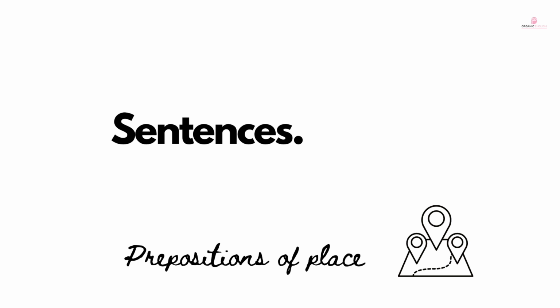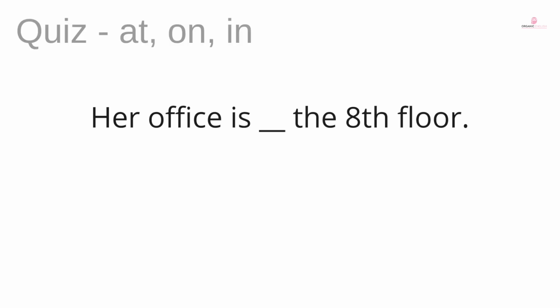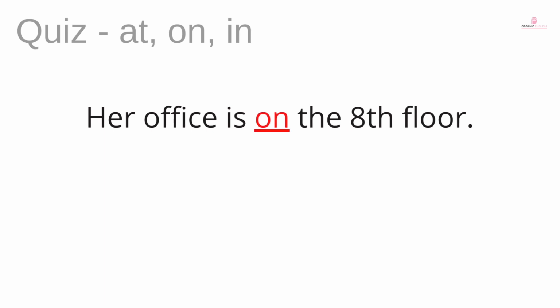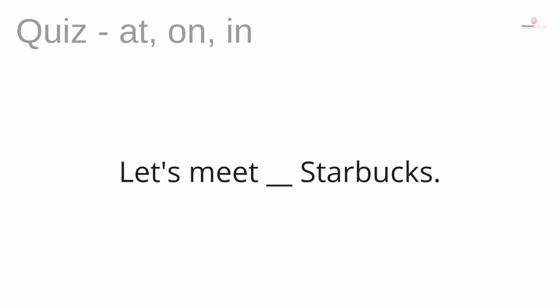Now let's put these prepositions in context and look at some questions, okay? Number 1, her office is blank the 8th floor. Her office is on the 8th floor. Good. On. Next. Let's meet blank Starbucks. Let's meet at Starbucks.